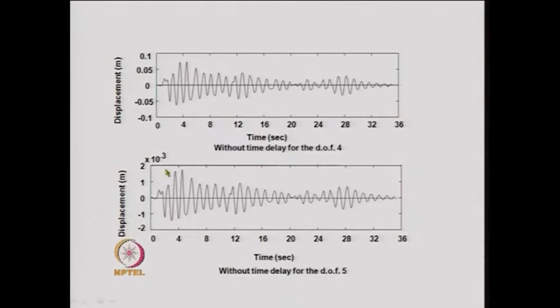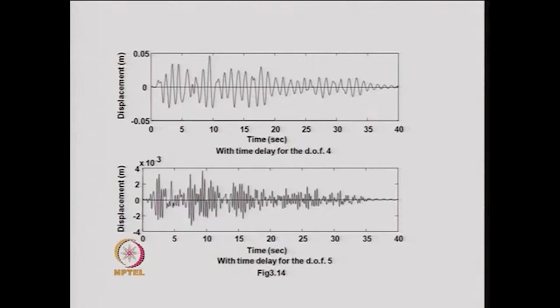It is expected, since the ground motion is in the horizontal direction, that the vertical response of the structure would not be very high, and therefore we get a low value.